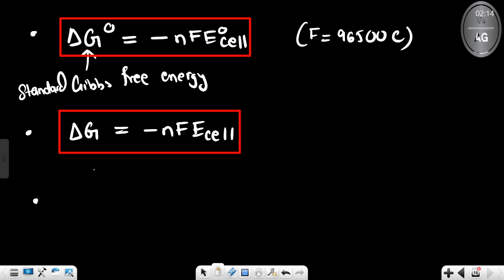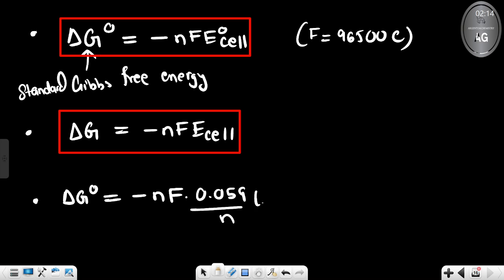Delta G0 equal to minus nF times E0 cell, and E0 cell's value is 0.059 upon n times log Kc. Right? So n will get cancelled out. Clear? Just find out. It's easy.